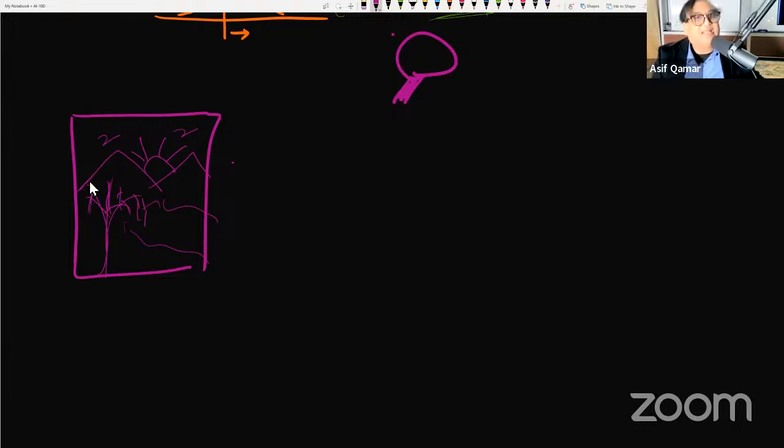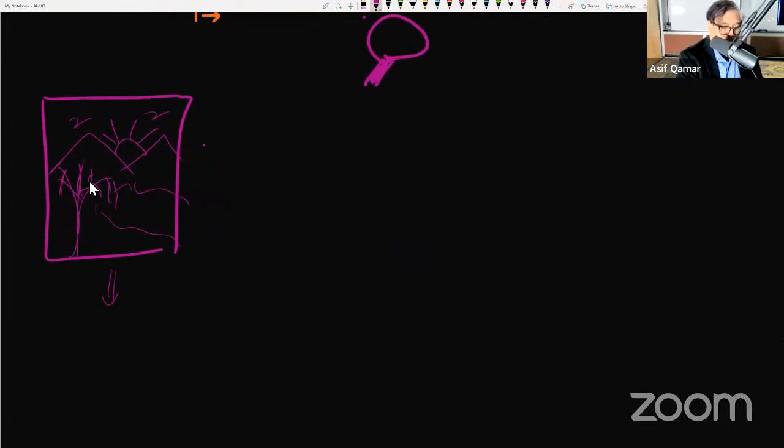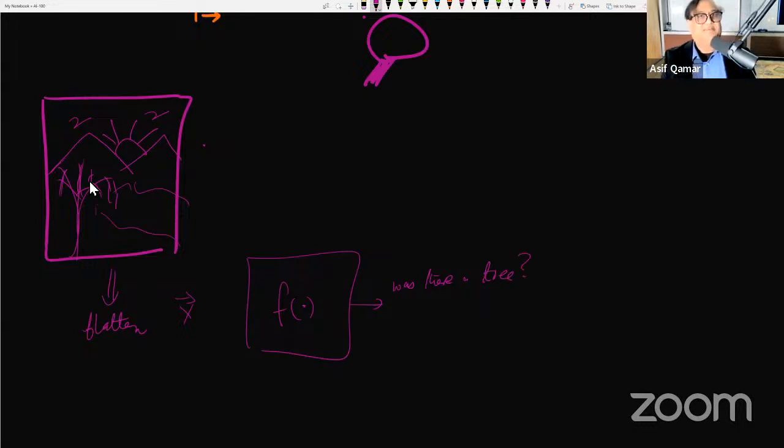But when you flatten an image, you're doing a very generic process. You're making it into an X vector, feeding it into a neural network, which will act as an approximator. And then you're saying, was there a tree? And it will give you some accuracy.